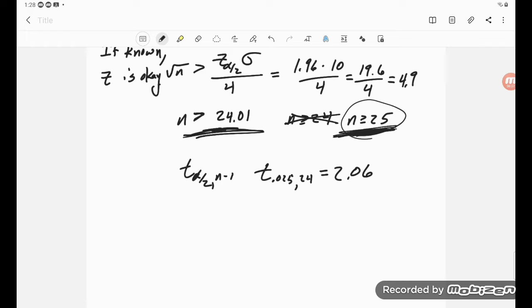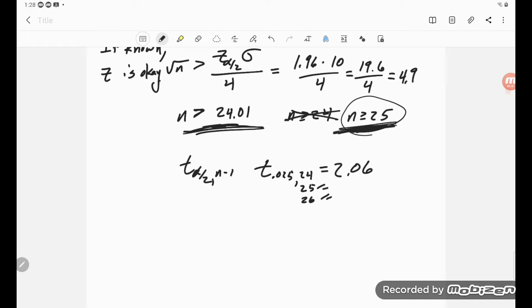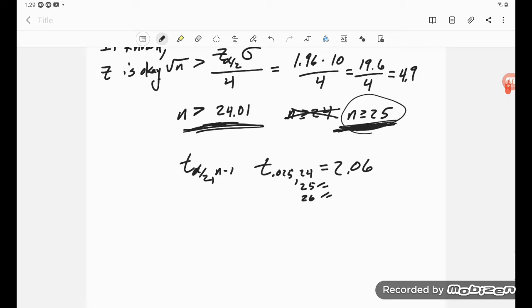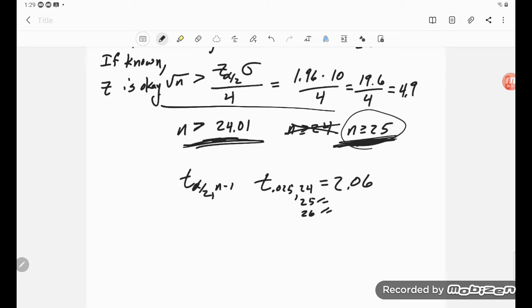Now actually it stays at 2.06 up to, so this is 25, 26. All of those actually are equal to 2.06, and it only goes down to 2.05 at 27. And so, maybe use 2.05, something like that. In which case, all you got to change is the 1.96.